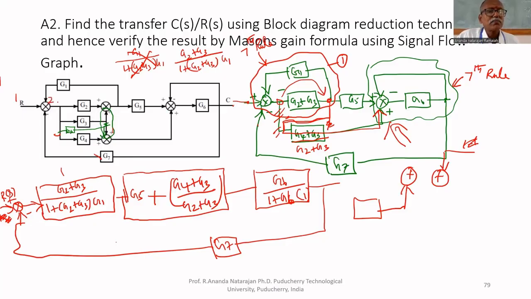So this is the second node, third node, fourth node, fifth node, sixth node, seventh node, eighth node, ninth node, this is the 10th node, this is the 11th.